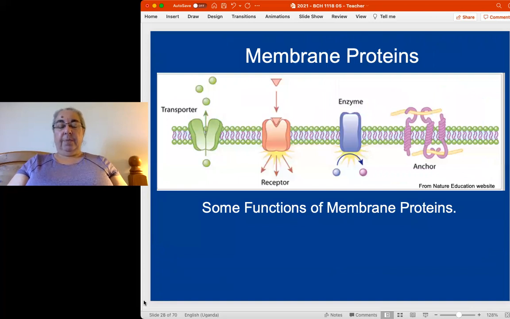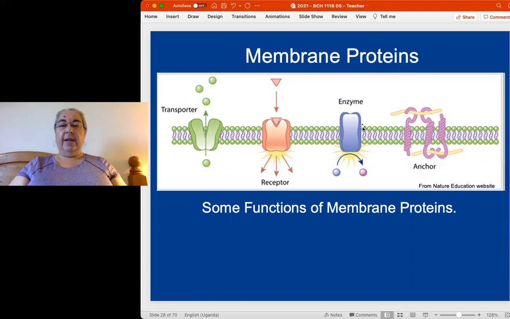Okay, so let's think about those proteins. What are some of the functions of membrane proteins? Well, this diagram just summarizes some of the things they can do. They can be transporters, allowing things to be transported from one side of the membrane to the other. They can be receptors, receiving a signal on one side of a membrane and passing that signal to the other side.